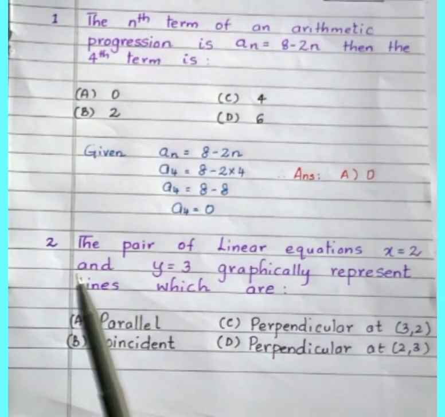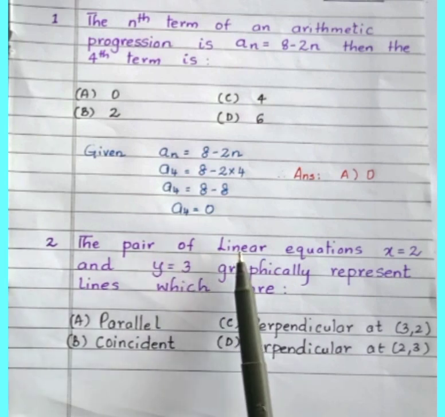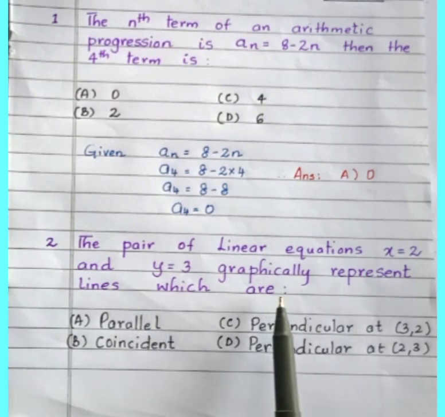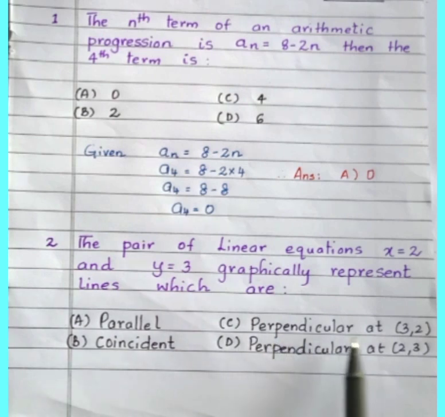The pair of linear equations x equals 2 and y equals 3 graphically represent lines which are: option A parallel, option B coincident, option C perpendicular at 3, 2, option D perpendicular at 2, 3.